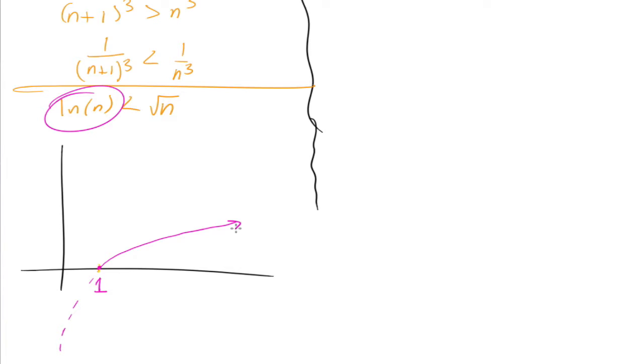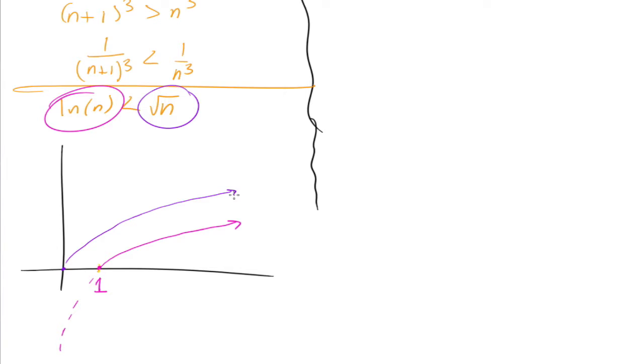And square root of x starts at 0 and kind of goes up like that. But then the question is, does the natural log function ever go above the square root of x?